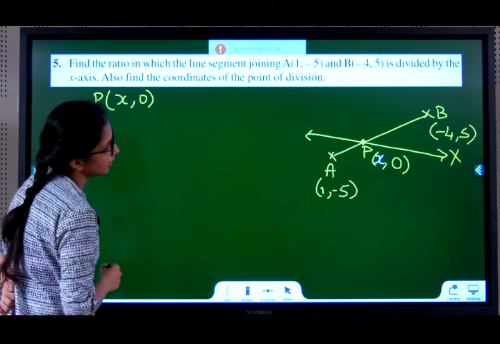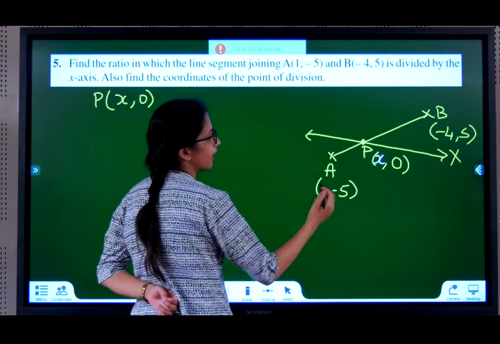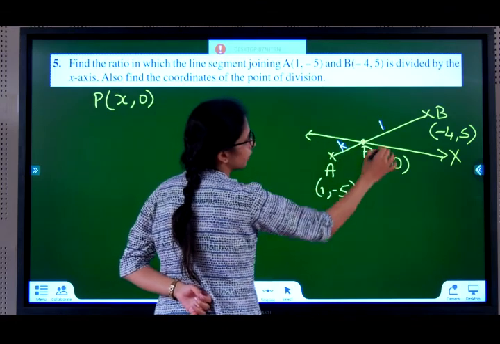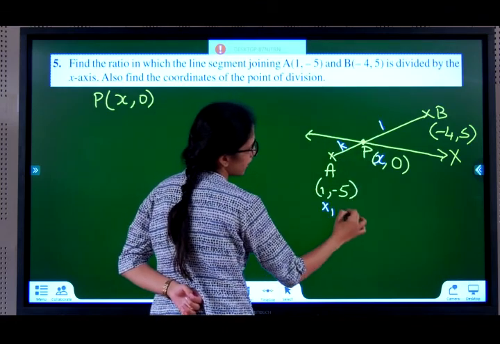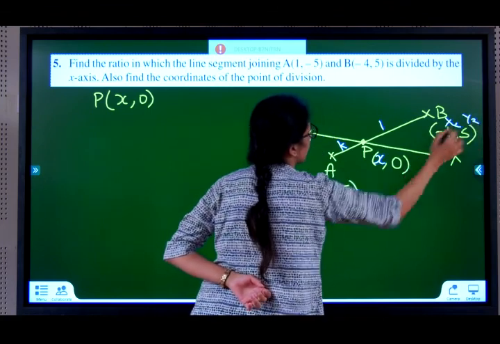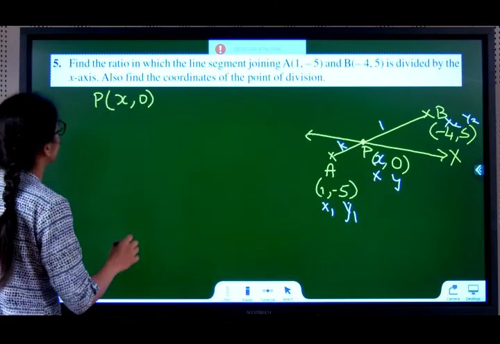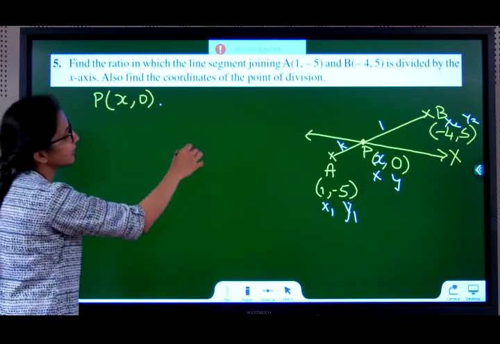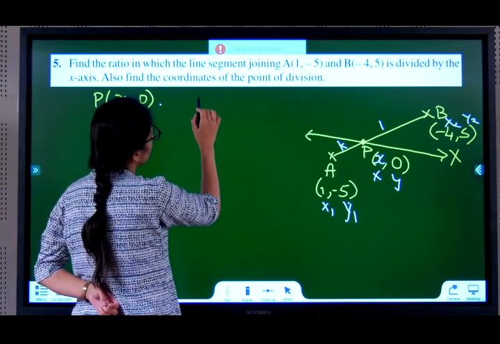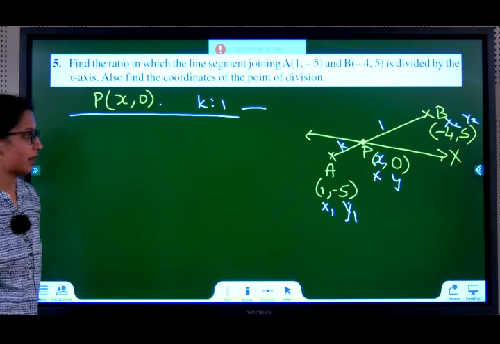Next, here we can say this ratio is m is to n, or I will take it as k is to 1, x1, y1, x2, y2. This is your x and y. So next point: let P divide the line segment AB in the ratio of k is to 1. So all these statements you write down.